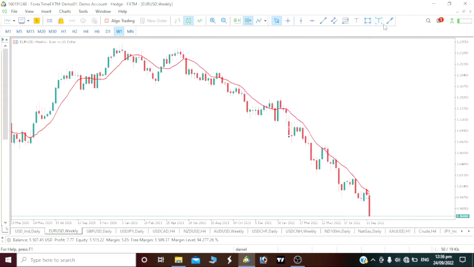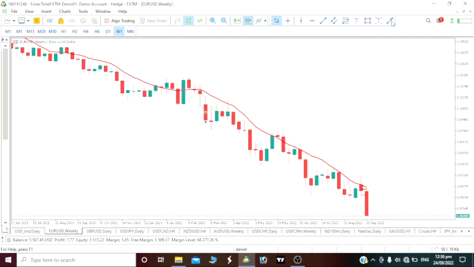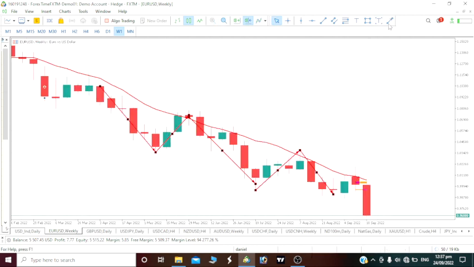So let's start from here. We had this impulse move, which came to test our 10 period moving average. Another impulse move was made, with a pullback that came to test our 10 period moving average. So another impulse was made here on our weekly time frame, which came to test this 10 period moving average.